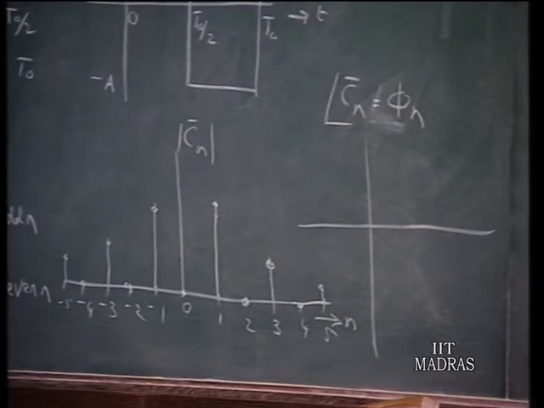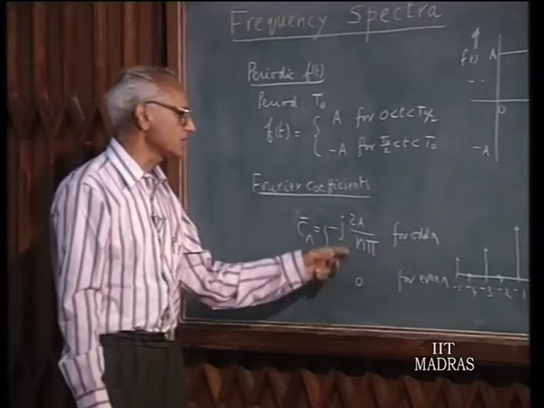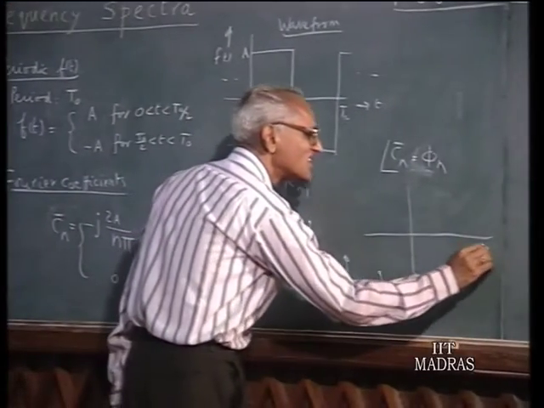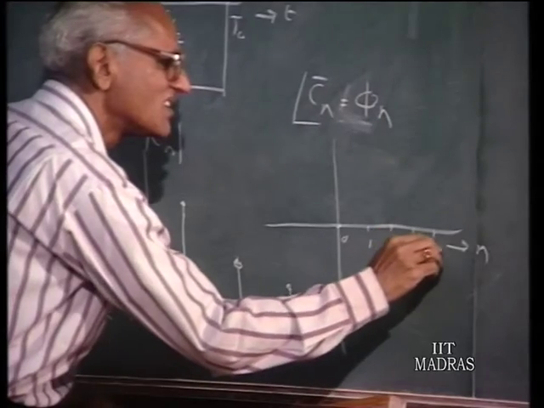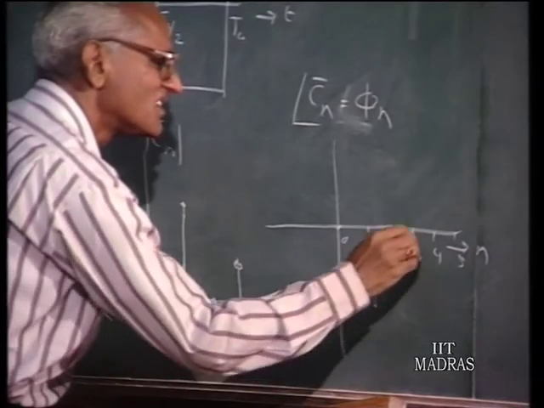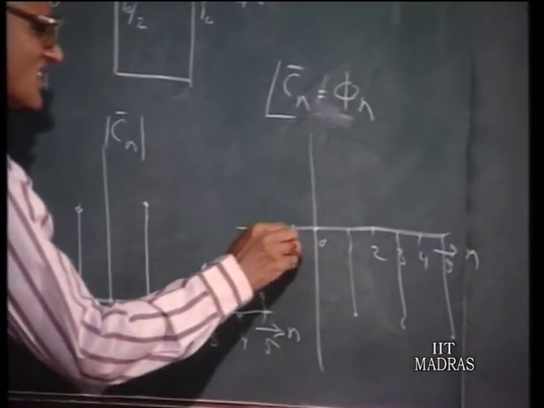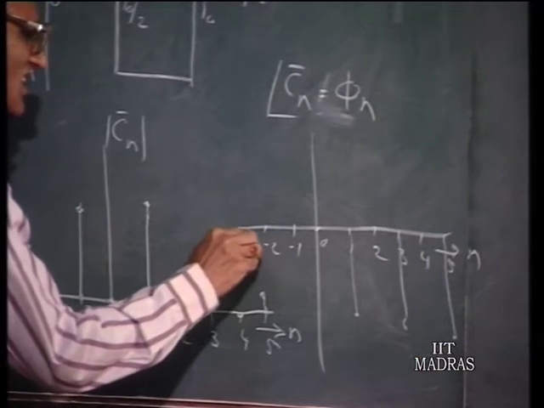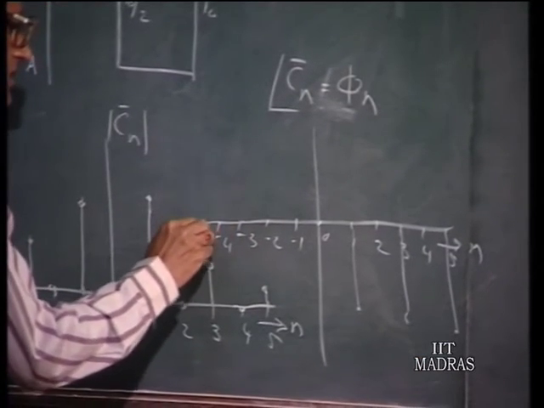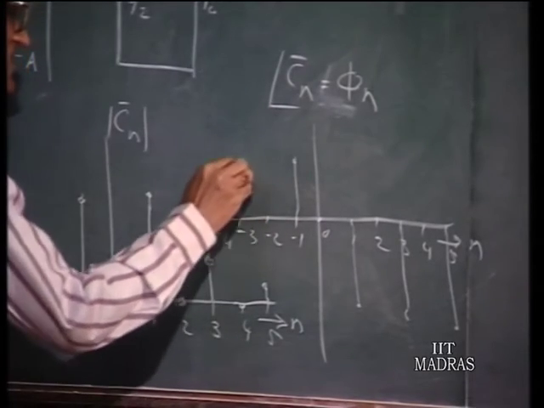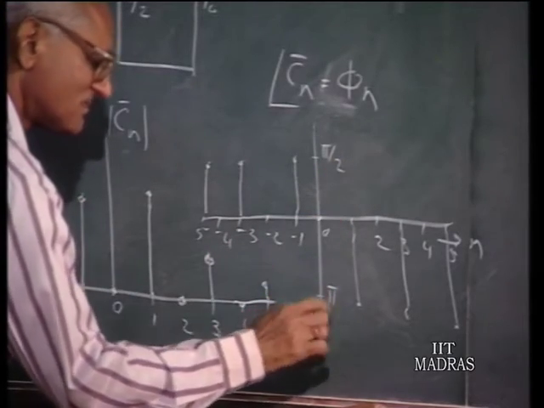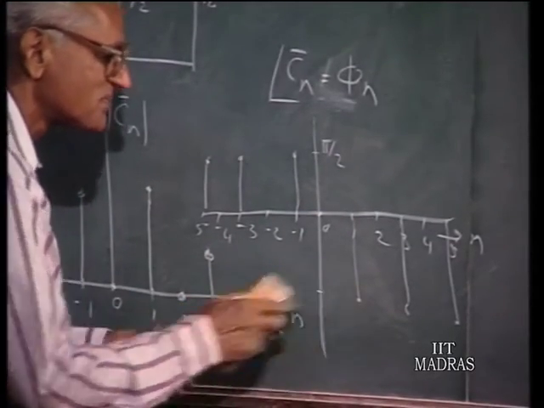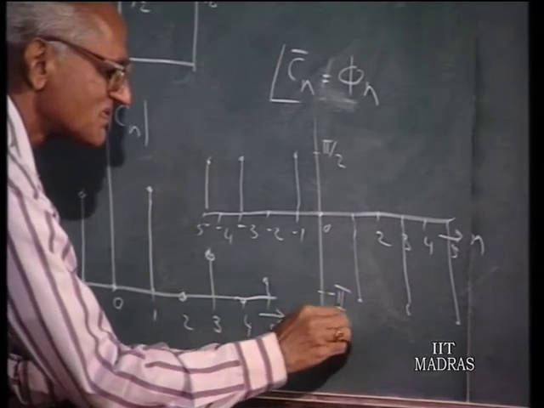And for phase, every non-vanishing Cn will have minus 90 degrees, as you can see here. And since for minus n it's the conjugate, you have plus pi by 2, and minus pi by 2.